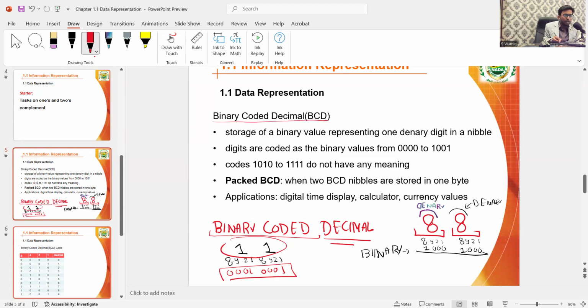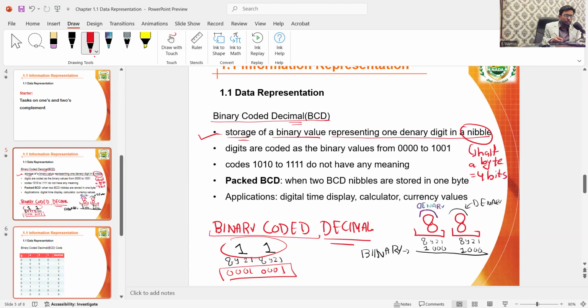So what are binary coded decimals? These are basically the storage of a binary value representing one denary digit in a nibble. A nibble stands for half a byte, that is equal to 4 bits.